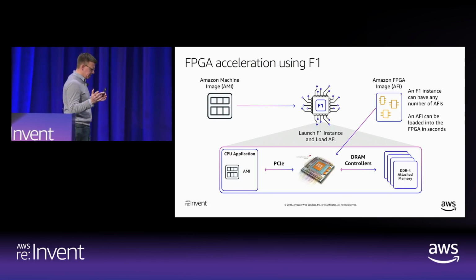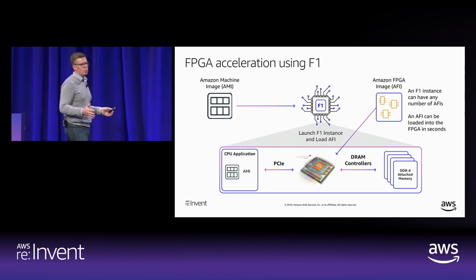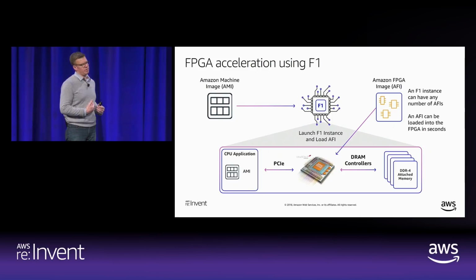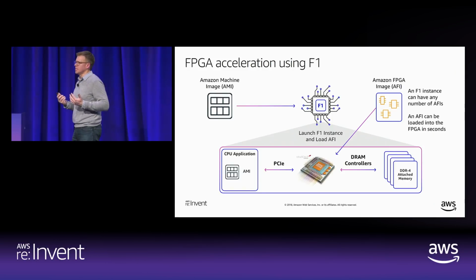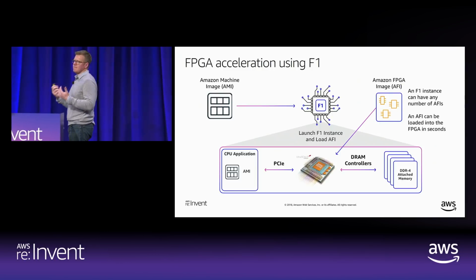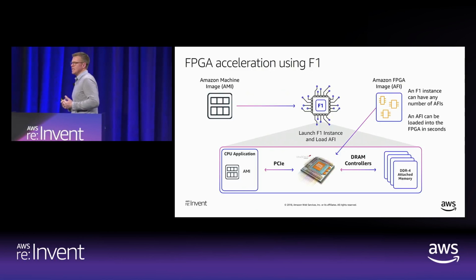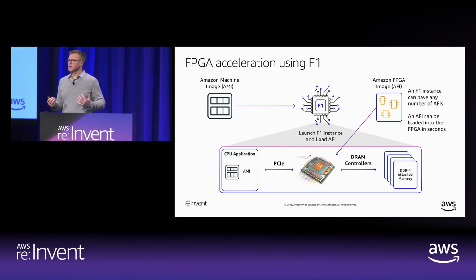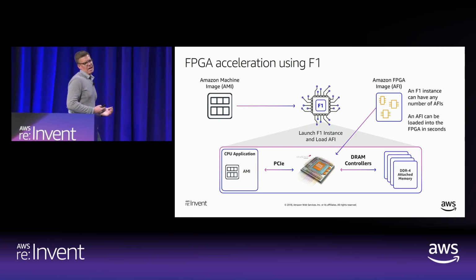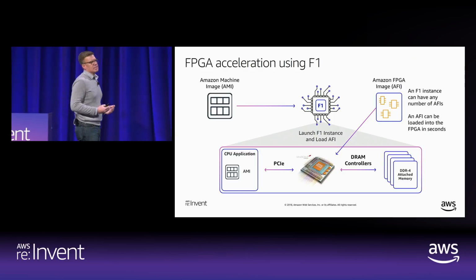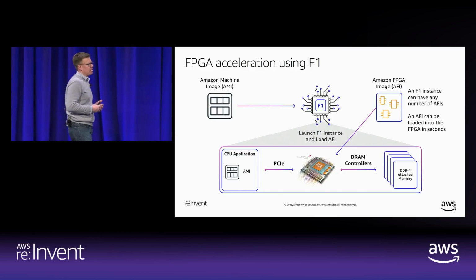Now, when the user builds their hardware accelerator for F1, they send it to us for ingestion. What that does is save off that AFI into our secure servers so that when they're ready to load it, just like you're ready to load an AMI ID, it loads an AFI, an image.